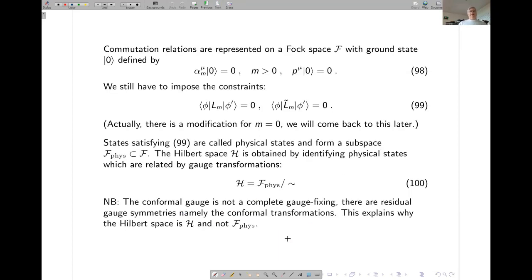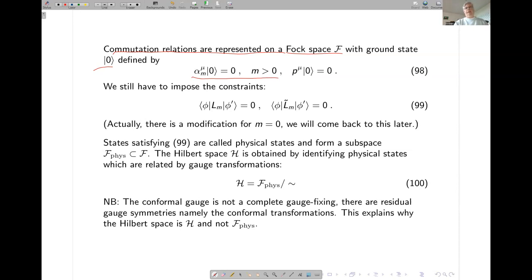So here is a schematic view of how the covariant quantization program works. The first step is we simply represent the commutation relations that we have found on a space which we call the Fock space. This is done by choosing a ground state or vacuum, which is characterized as follows. I pick half of my Fourier mode operators, let's say those with a positive m, and declare them to be annihilation operators, so they map the ground state to 0.